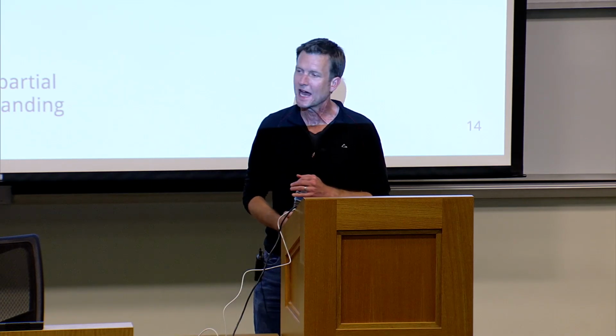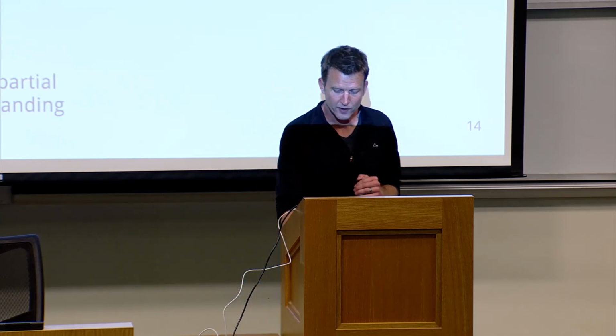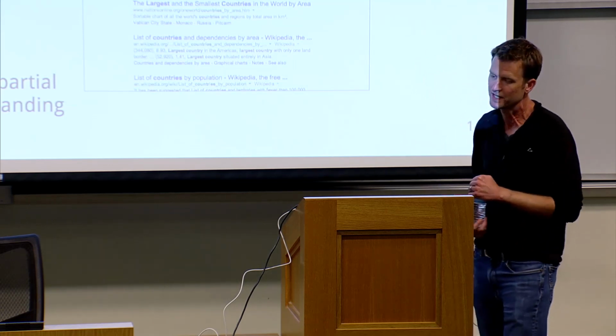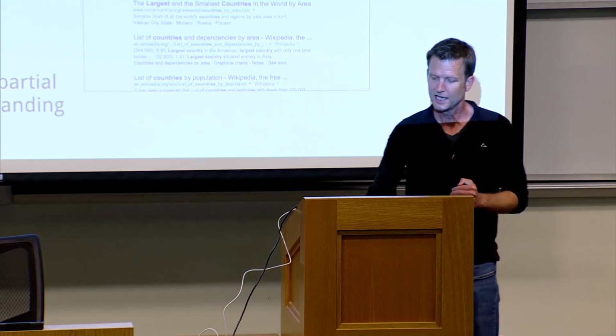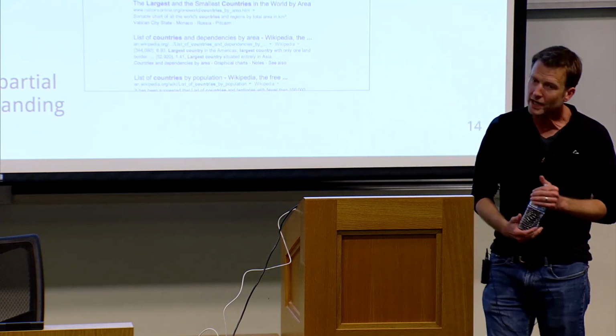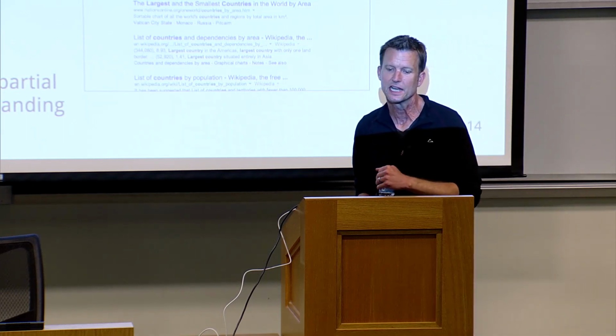Today, by contrast, we have systems that exhibit vastly greater robustness and very broad coverage, but with very fuzzy and partial understanding. So you can ask Google about just about anything, and it never says, I don't understand. But it might not exactly answer your question.